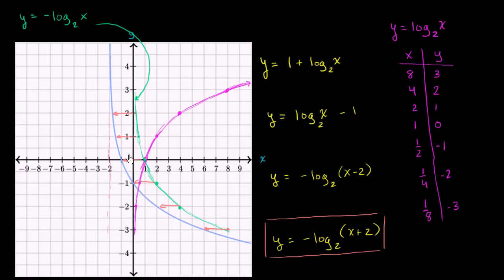So I encourage you to try values out if you like. You could take all of these values and subtract 2 from them. And then when you add 2, you're going to get back to these values. So if you shift to the left by 2, that's like replacing the x with an x plus 2. So this is what is being graphed. And once again, try out the values if you don't believe me.